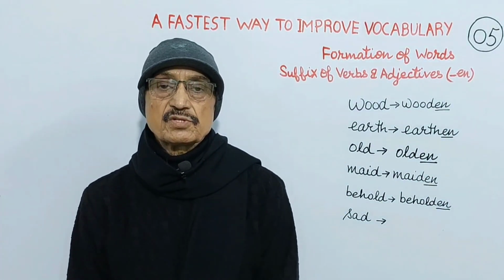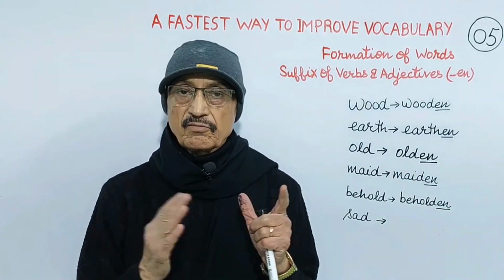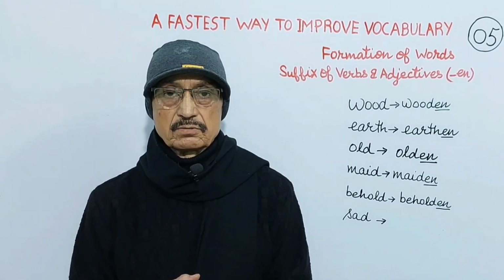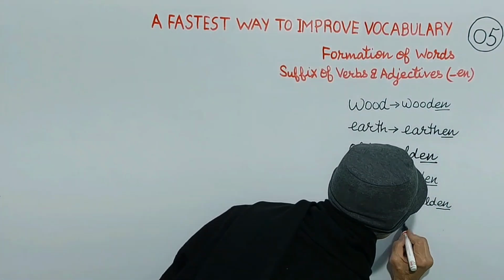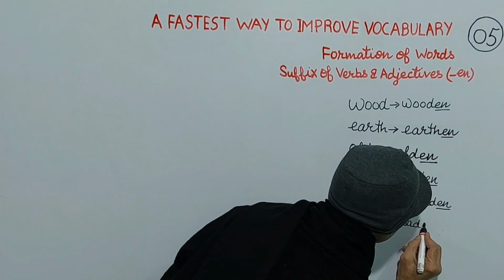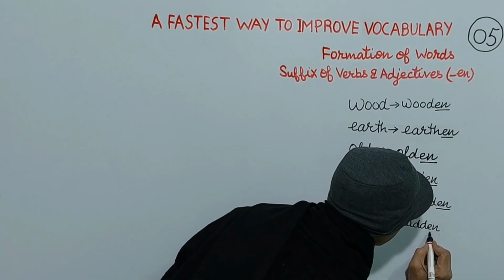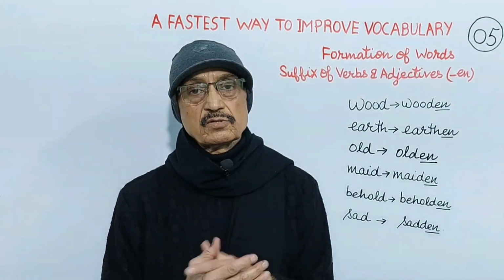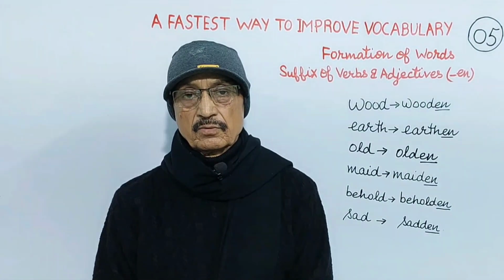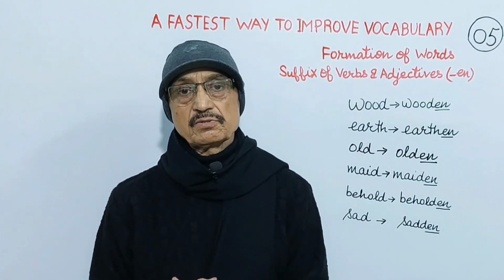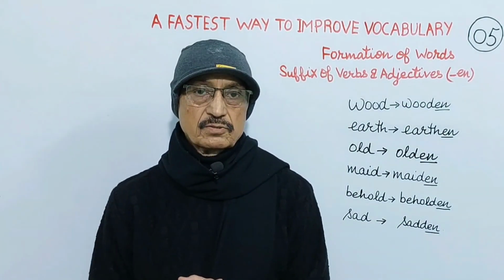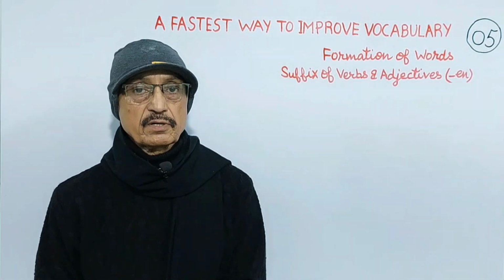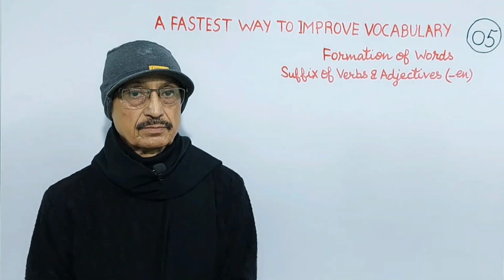Next is sad. Sad. This is an adjective. When we add suffix en after it, it becomes sadden. Sadden. This is a verb. For example, I make a sentence. This news really saddened me. The next word is moist.